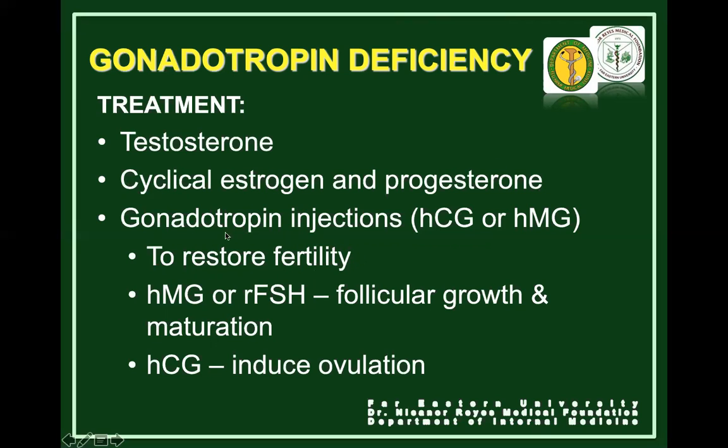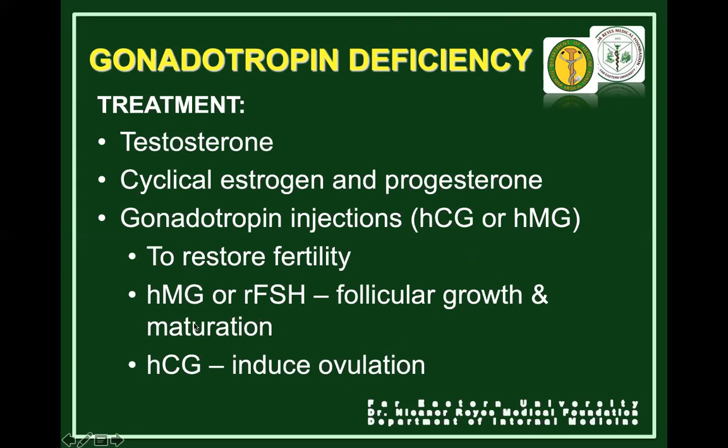Sometimes if you want to restore fertility and there is a chance that fertility can be restored, then you can give gonadotropin injections in the form of human menopausal gonadotropin, HMG, and human chorionic gonadotropin, HCG. HMG is for follicular growth and maturation, and HCG can induce ovulation.